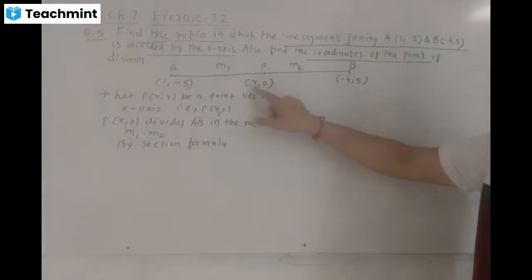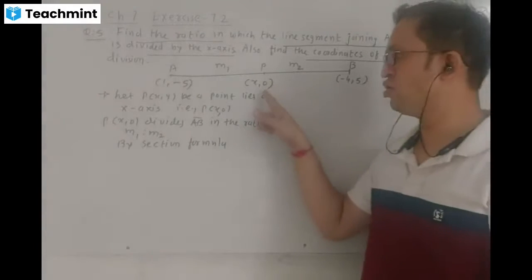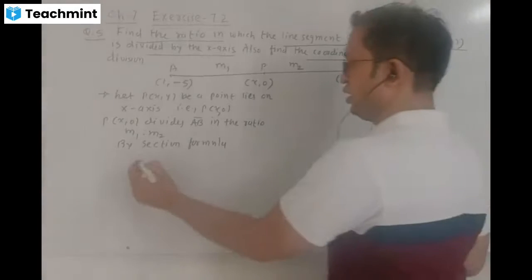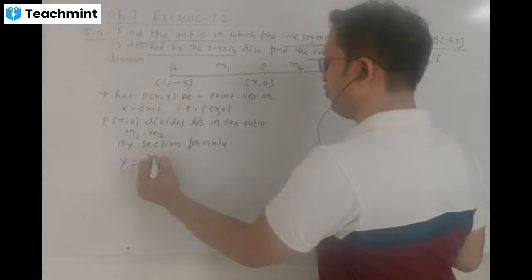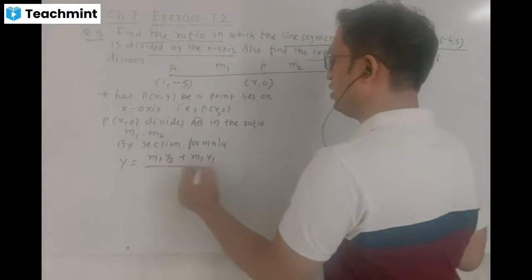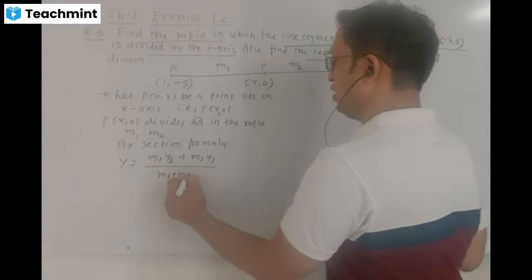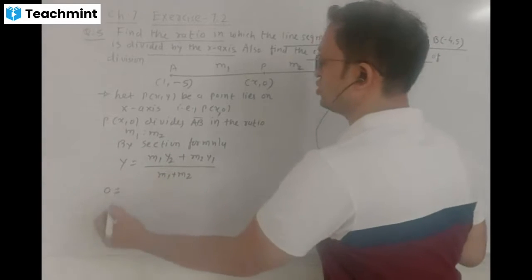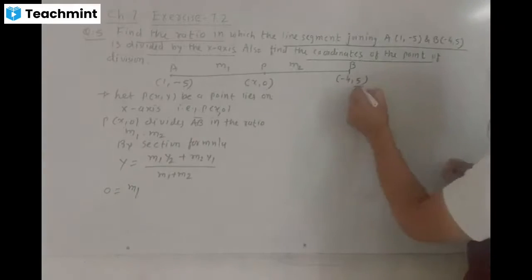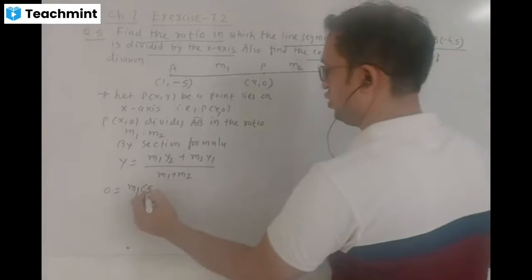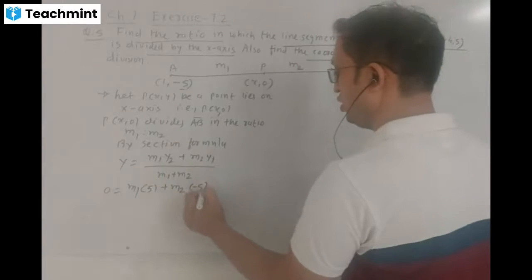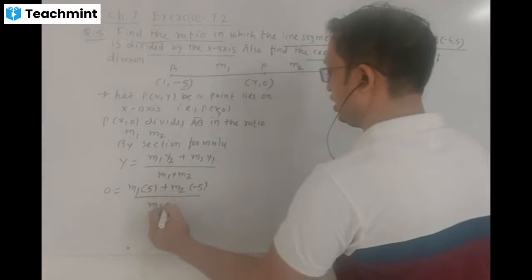Here point P lies on the x-axis, so its y coordinate is 0. Put the value in the y formula, then we find the ratio. y is equal to (m1 y2 plus m2 y1) divided by (m1 plus m2). Here y is equal to 0, m1 as it is, y2 is 5, plus m2 y1 is minus 5, divided by m1 plus m2.